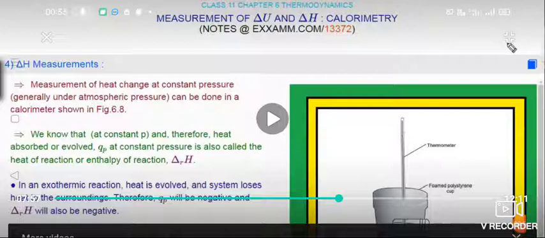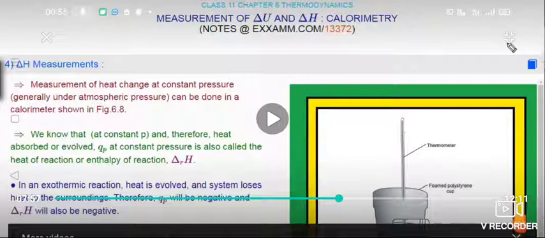Heat capacity, the letter denoted is C. Heat capacity of a sample substance is the quantity of heat needed to raise the temperature of the sample of substance by 1 degree Celsius. So suppose you want to raise the temperature of any sample substance by 1 degree Celsius, that amount of heat energy is known as heat capacity.